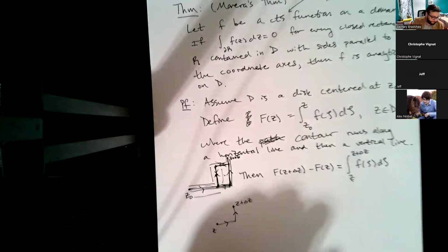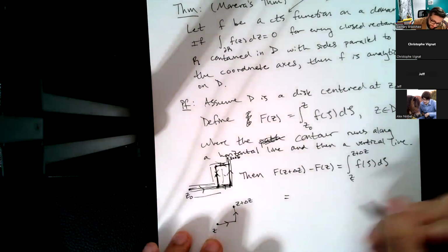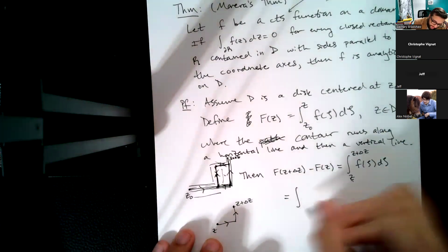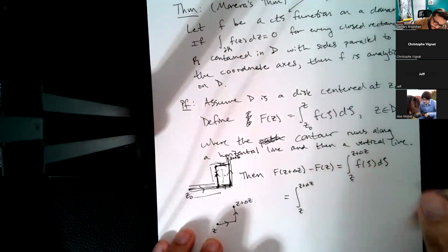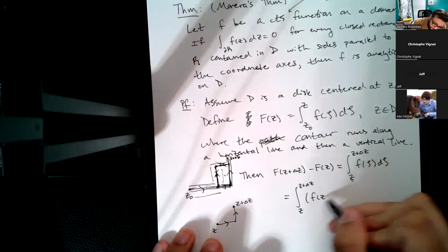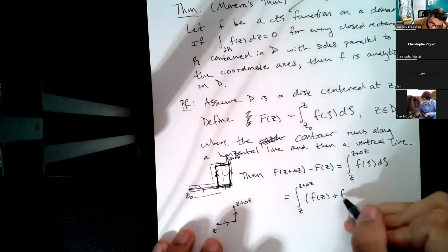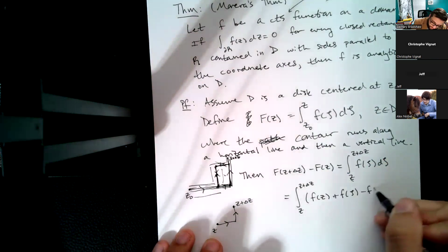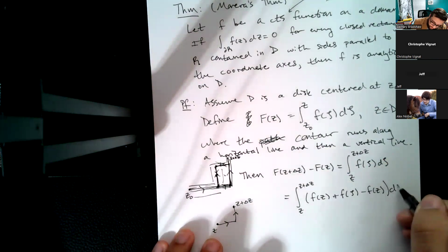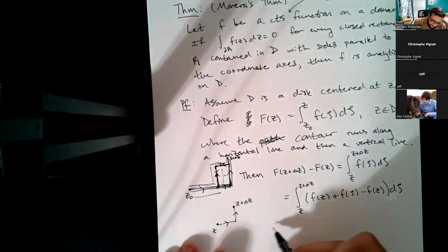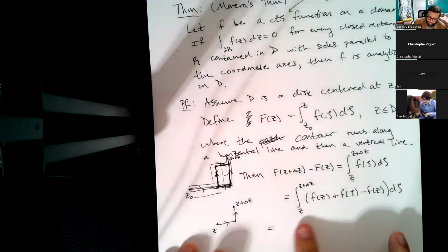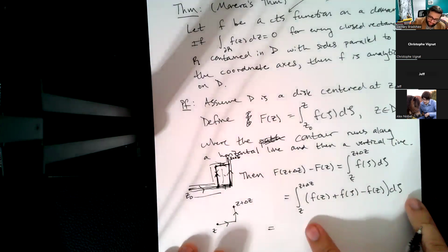Okay. And now we're going to do a little trick. We're going to add and subtract f of z inside the integrand. And I'll split this up into the integral of f of z d zeta.